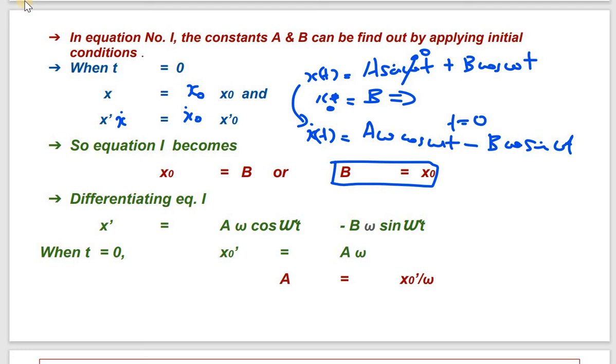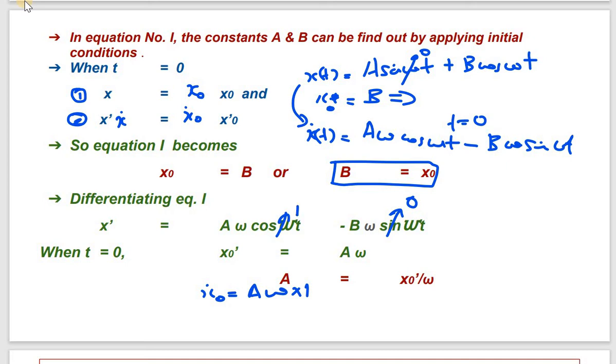Now I am substituting. This is my first boundary condition, and this is my second condition: at t is equal to 0, the initial velocity is x dot 0. In this equation, this term will be 0 at t is equal to 0 because sin 0 is 0. Therefore, x dot 0 is equal to a omega into 1.